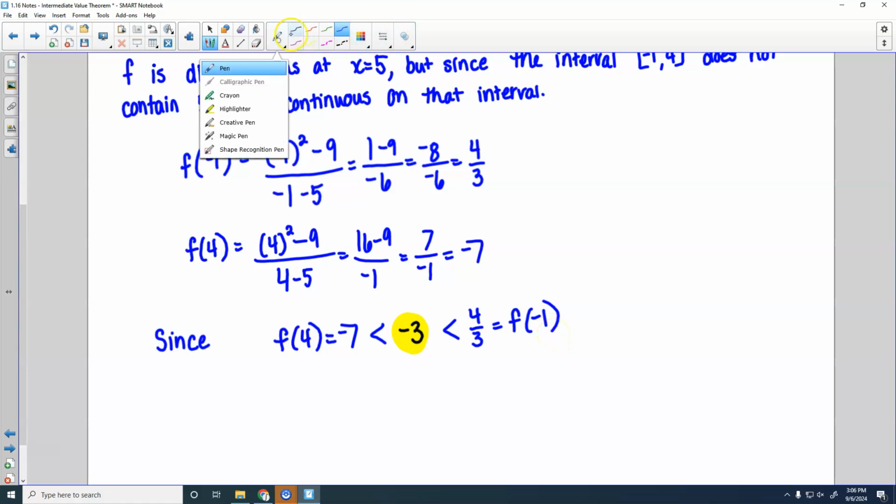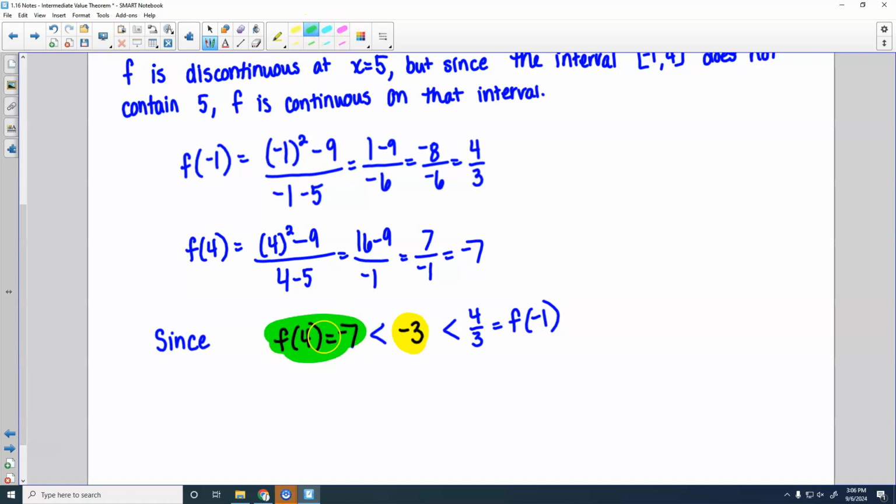Now, where I like to write it this way, where I've got both of these things right here, as long as you've shown your work and labeled everything well up here, you could leave this off.